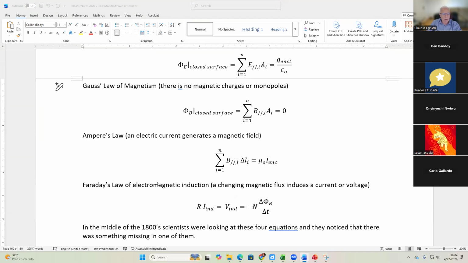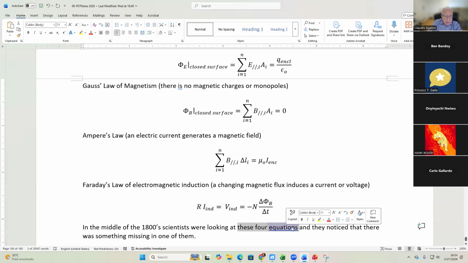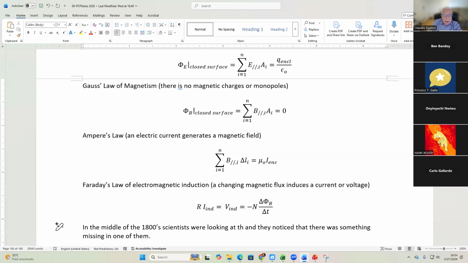Let's start. There is something else that I want to tell you about this one. In the middle of the 1800s, scientists were looking at Ampere's law, and they noticed that there was something missing about it.